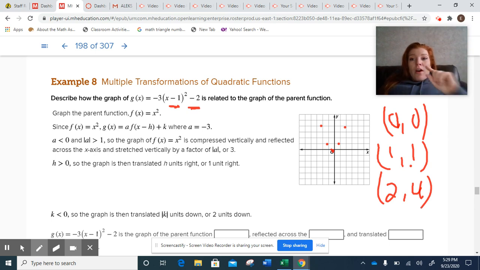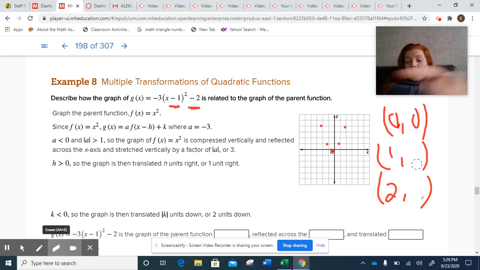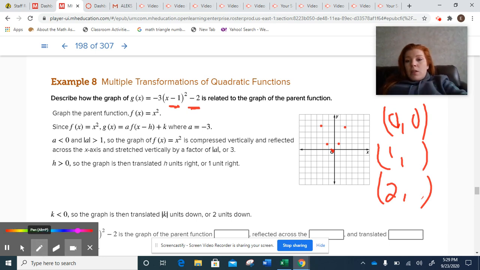So we're going to actually do that all in one step here. Okay, here we go. So I'm going to erase those 3 numbers, 0, 1, and 4, and I'm going to multiply all those numbers by a -3. So the 1 is swapping out, the 4 is swapping out, and I'm going to do -3 times 1, which is -3, and -3 times 4, which is -12.